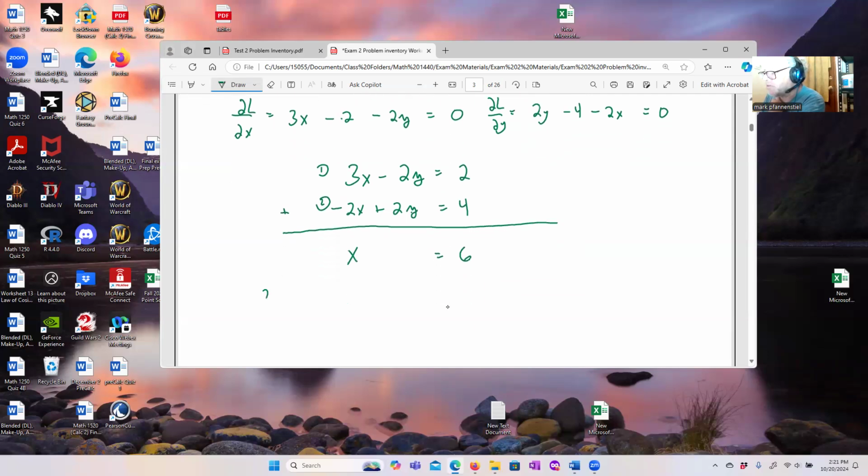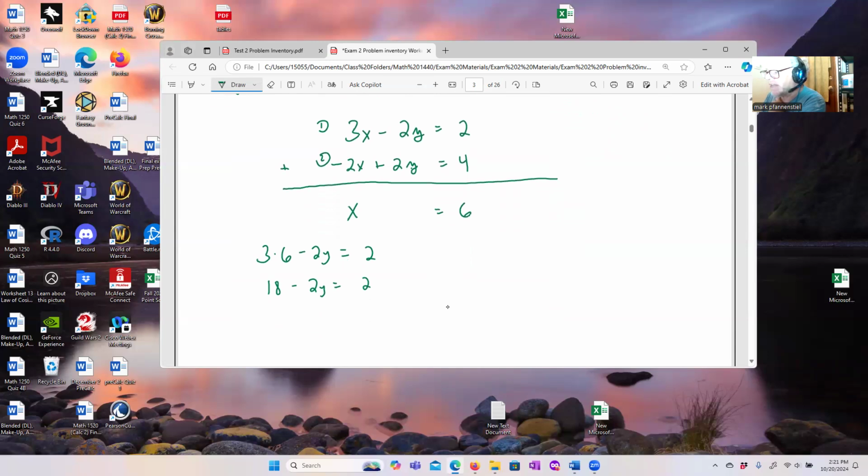So we're going to say 3 times 6 minus 2y is equal to 2. I just plugged in x equals 6 into my first one here. So we have 18 minus 2y is equal to 2. We're solving for y here, so subtract 18 from both sides. We have minus 2y equals 2 minus 18, which is negative 16.